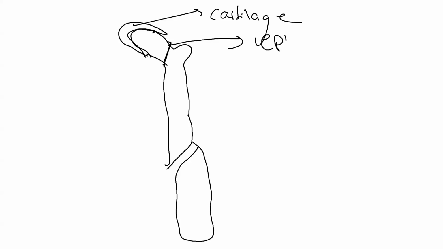This is the cartilage. Here we have the epiphyseal line. This is the hyaline cartilage. Here we're going to have the red bone marrow.